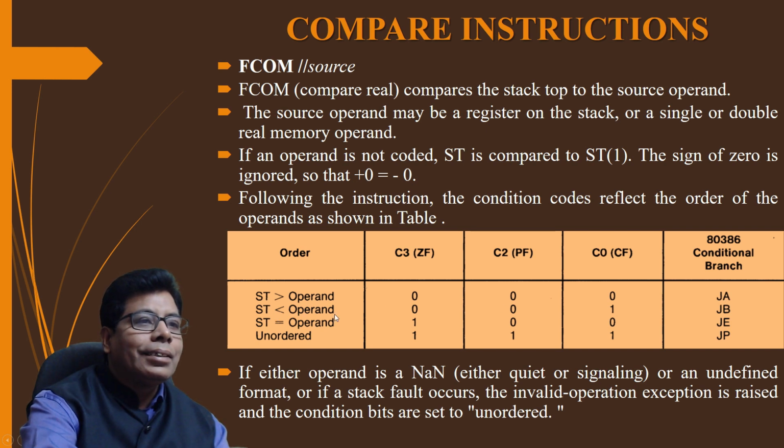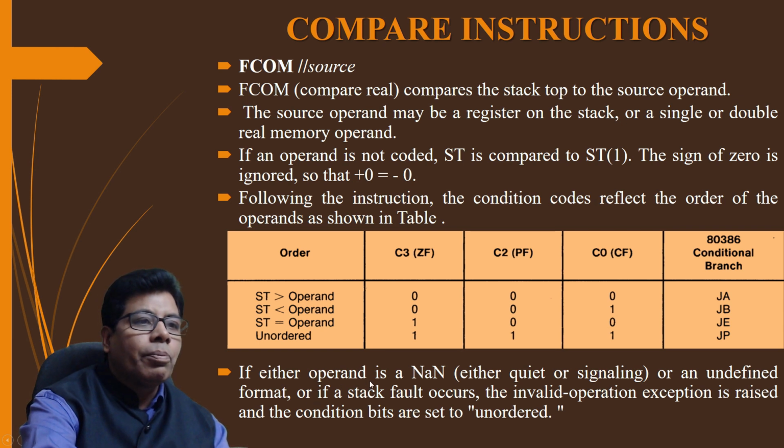If ST is less than operand, then in that case the carry flag will be set, and we have the jump below. If ST is equal to operand, then the zero flag will be set, because after comparison the result is going to be 0. So here we have the instruction JE, jump on equal. And if all the flags are set, then it is the jump on parity. So in this way the compare instruction FCOM will be used.